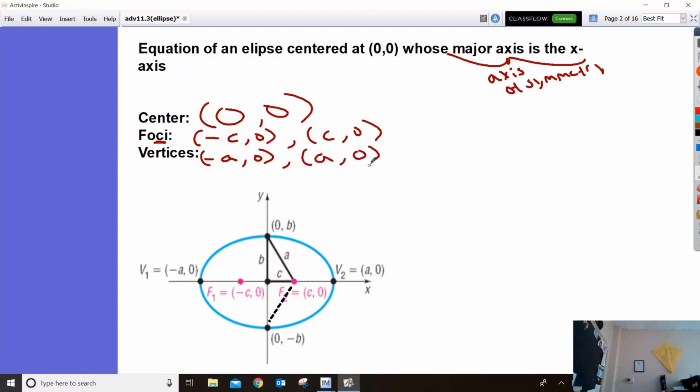Those are major axis vertices. We have what's called minor axis vertices, and they're at 0, b and 0, negative b.